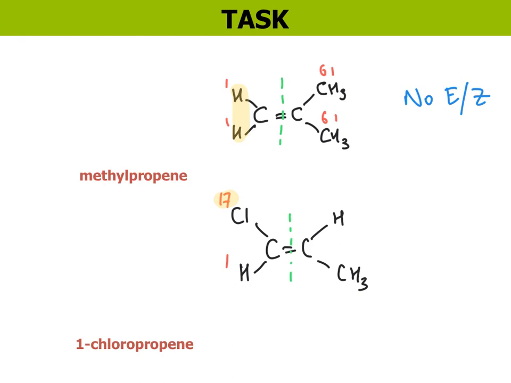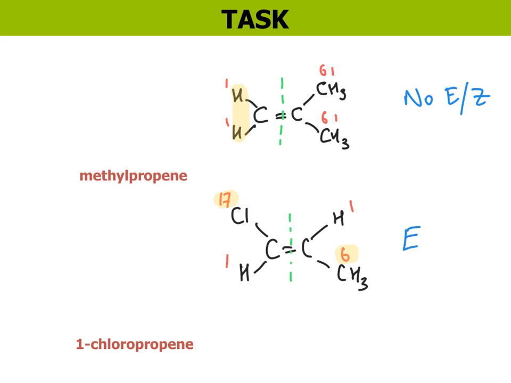Looking at our right-hand side, hydrogen 1, carbon 6. Clearly our carbon, our methyl group, is of higher priority. So we do have different priorities on both sides, and we've got them on opposite sides. So the isomer that we've got here is an E geometric isomer.